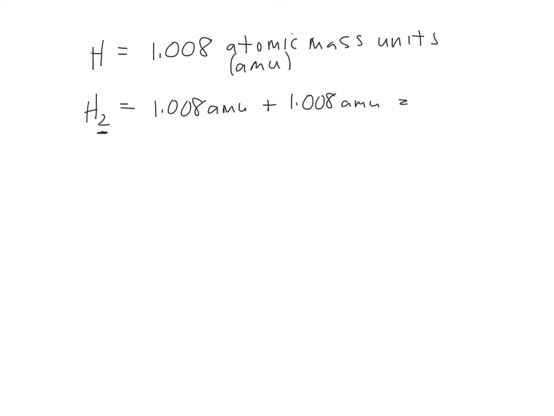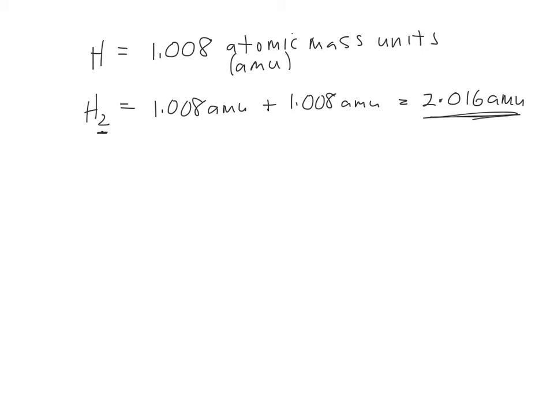And what I'll get is the sum for the molecular weight for the molecule, which is 2.016 atomic mass units. Okay, so this is my molecular weight for H2, or molecular hydrogen.